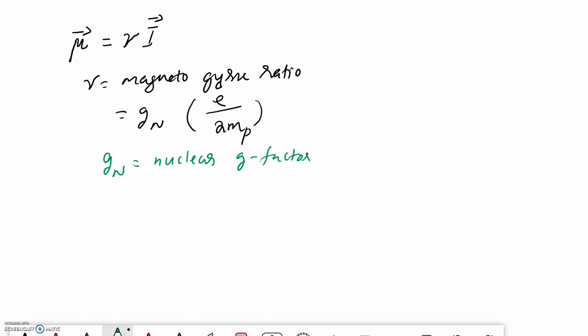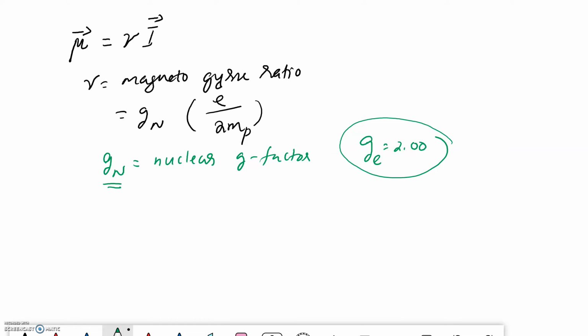Similar to the electron g factor, Ge, which you have studied in other sections, its value is 2.00 something, experimentally or theoretically calculated. But the nuclear g factor cannot be determined theoretically; it should be determined experimentally, and its value is different for different nuclei.